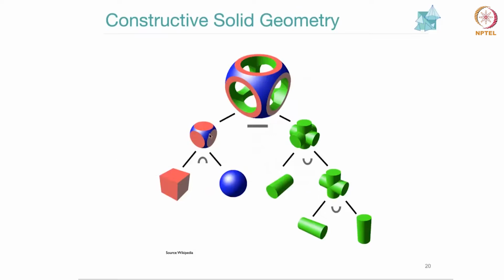So you have the red and the green objects here, and let's say you wanted to carve out the interior of this sphere and cube intersection from this cylindrical complex. You take a difference and you get a very nice 3D modeled object from just using Boolean operators.